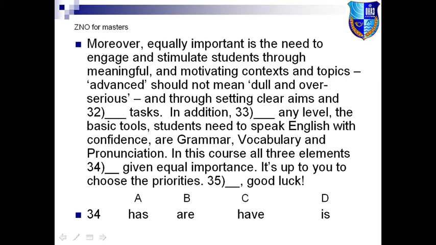Here the question is purely grammatical, related to English grammar. We have variants: A has, B are, C have, D is. And after the gap in question 34, we have given. So, a little bit of grammar for you.